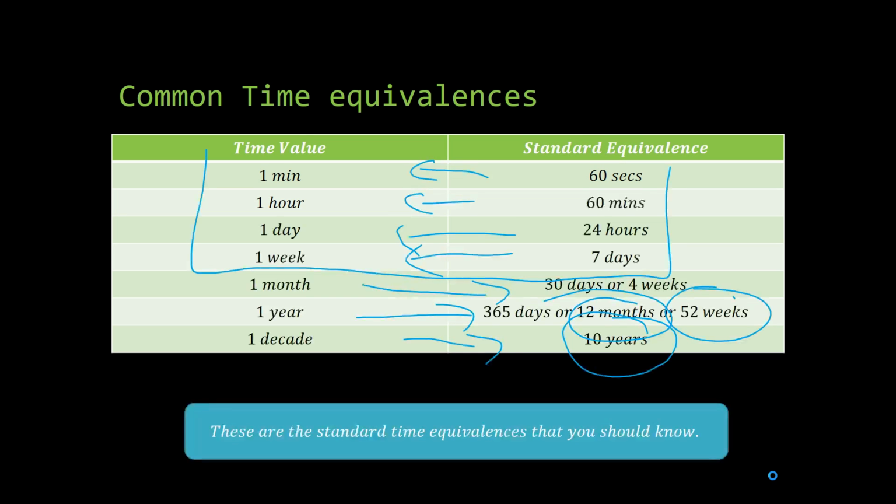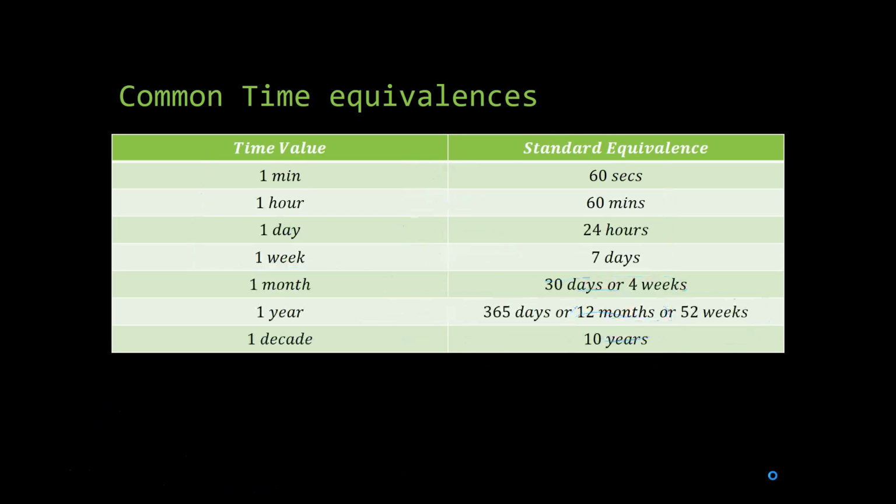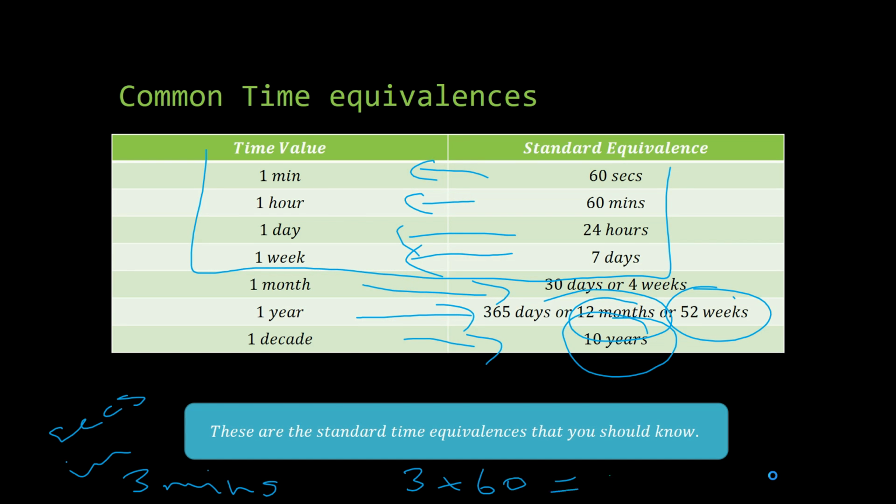When you are doing something and they ask you, for instance, how many seconds in 3 minutes, you should be able to say, okay, well, 3 minutes is 3 times 60, and I would get 180 seconds. Or let's say they ask you which one is shorter, 120 seconds or 2 minutes.